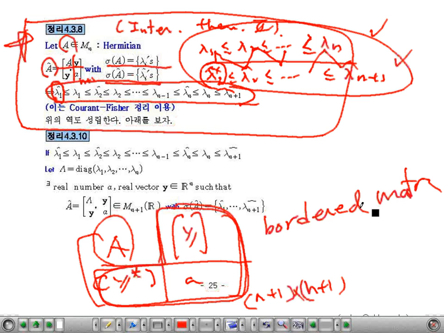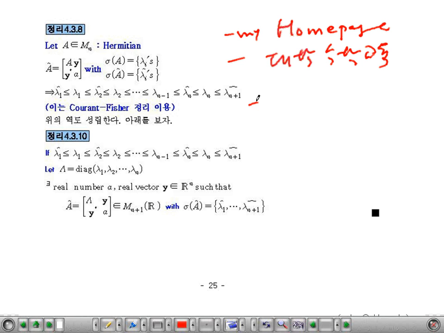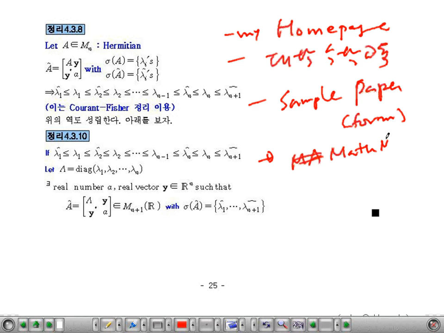If you go to my homepage, you can find the university math education site. Then there is a sample paper that you can download to use as a submission form. Here there is a Math Monthly paper.